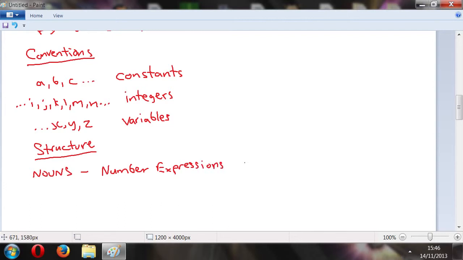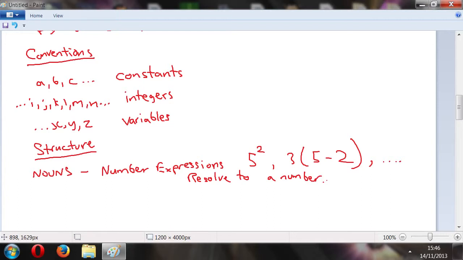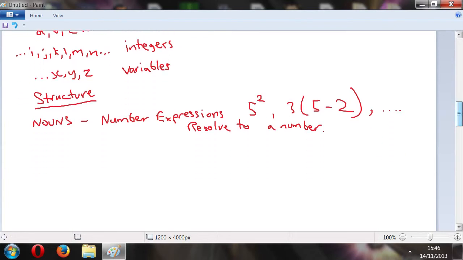So it could be 5 squared, perhaps, or 3 lots of 5 minus 2, or anything really. The point is that they resolve to a number. So it's merely a case of doing some fairly simple arithmetic to work those out. So they could be seen as the nouns.